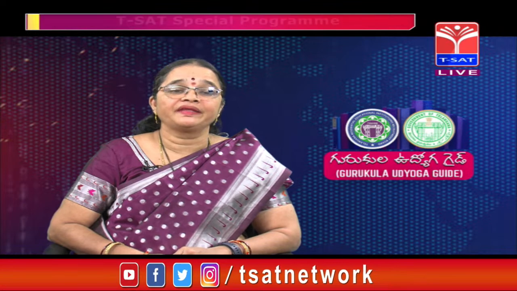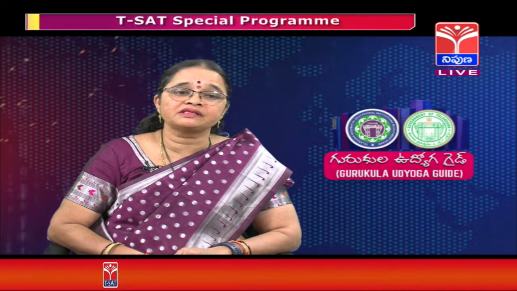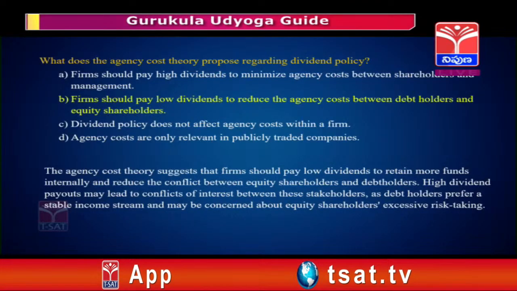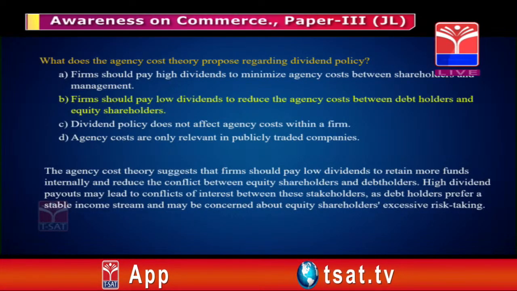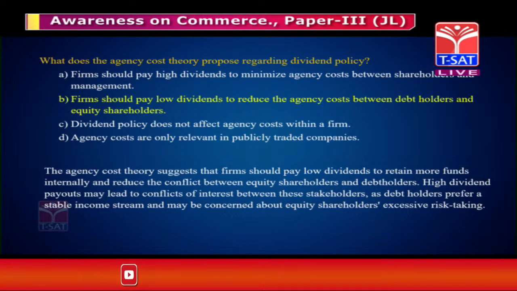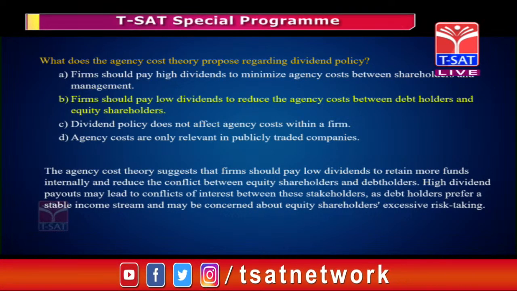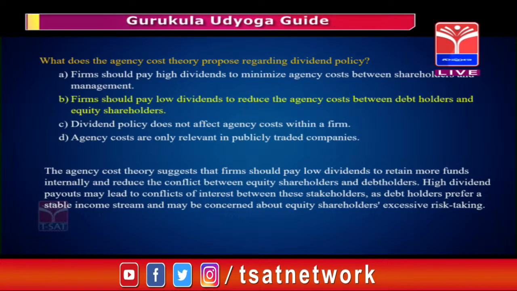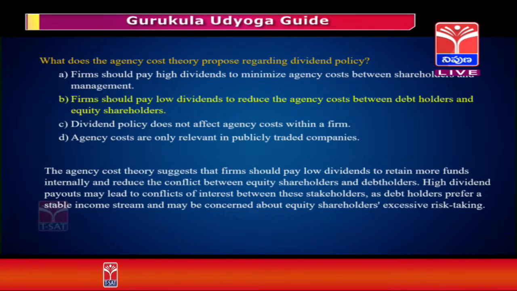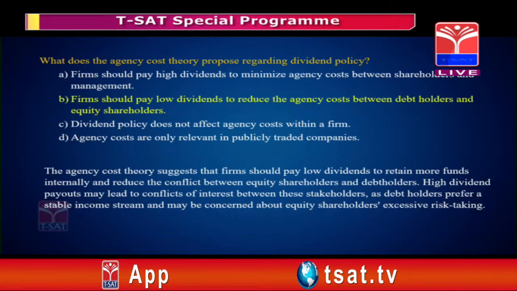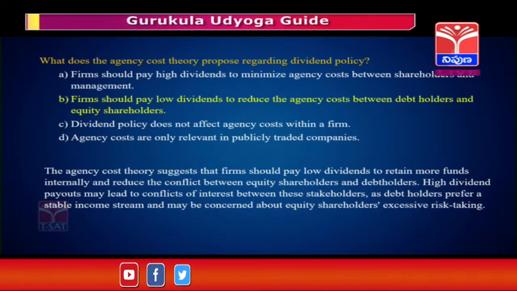The basic concept here is that agency cost theory suggests that firms should pay low dividends to retain more funds internally and reduce the conflict between equity shareholders and debt holders. So here we are supposed to give importance to low dividends. Let's go to the options which have been given.